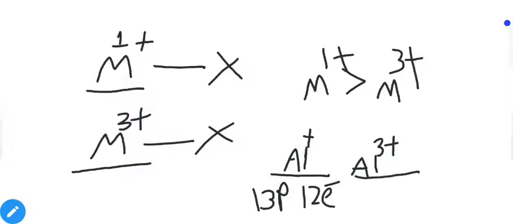In Al+3, we have 13 protons, because the number of protons does not change, and only 10 electrons. So as we can see, we have a higher number of protons that attracts electrons strongly. More protons than electrons means a higher positive charge, and a higher positive charge means it will attract electrons strongly.